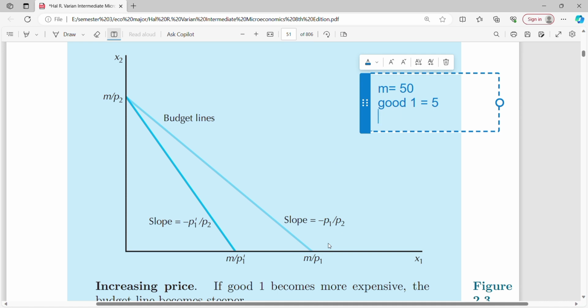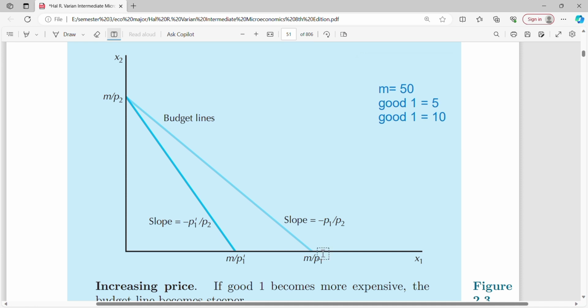But in the second case, when the price is 10, 50 by 10 gives only 5 units. So 5 will be marked here, right? That is, from 10 units, the consumer is moving to 5 units because of the increased price. So the budget line becomes steeper.